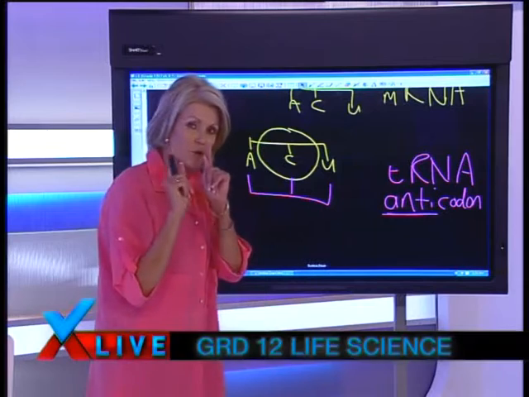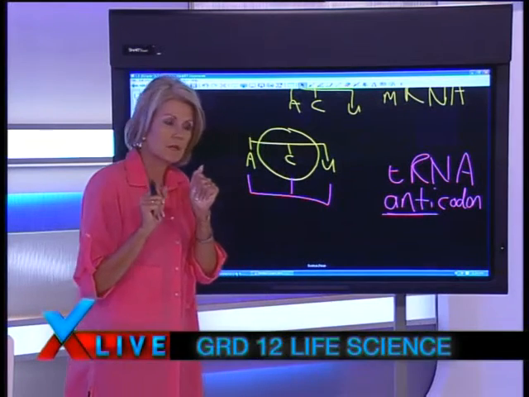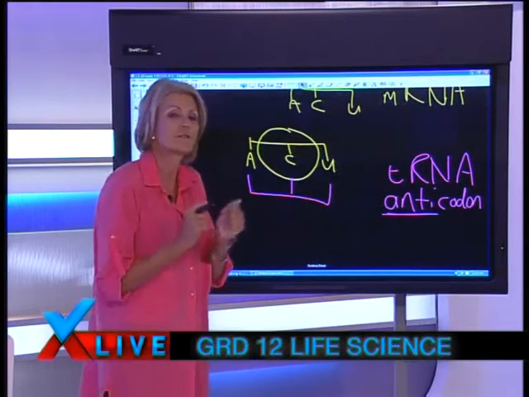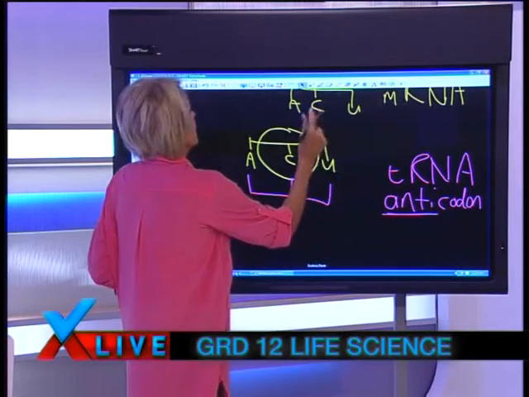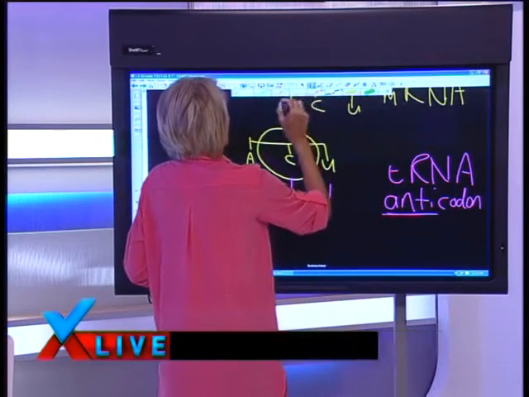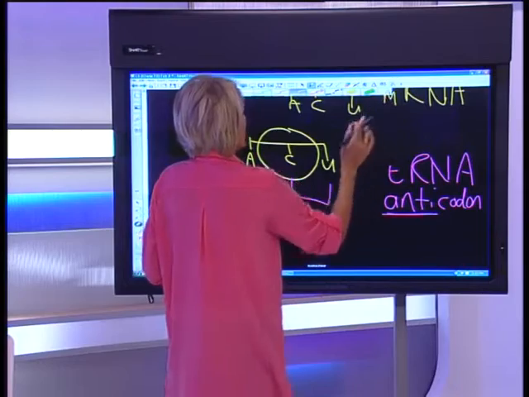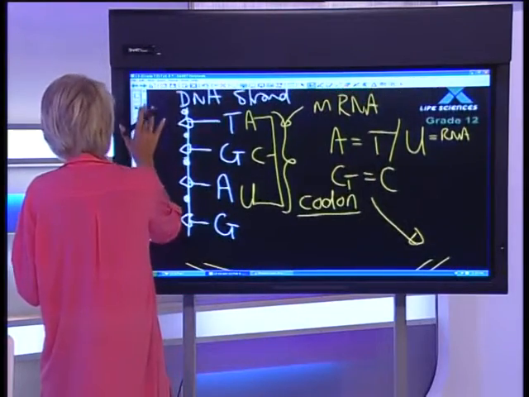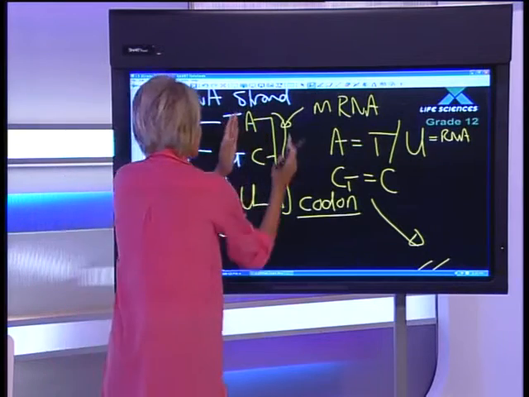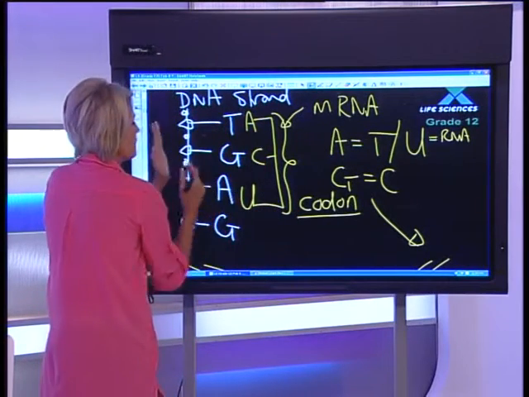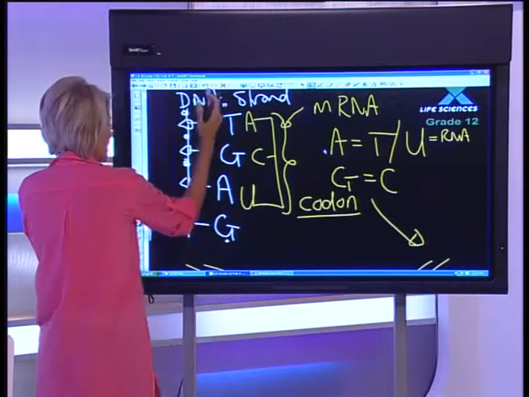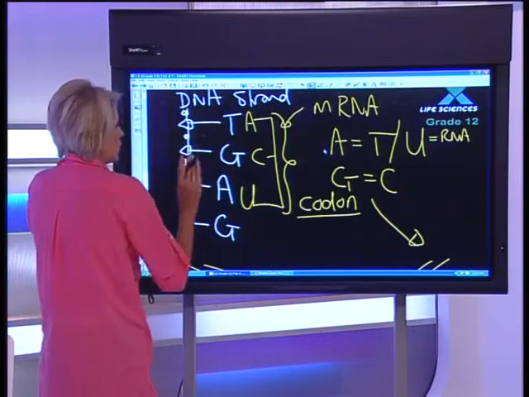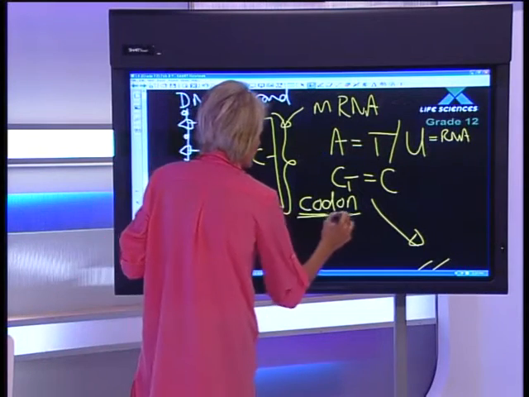Okay, people, remember, I'm trying to think of a different analogy to use here, but your messenger RNA, when it goes to the DNA and makes this copy of the opposite of what is on the DNA, we say that it is a codon.